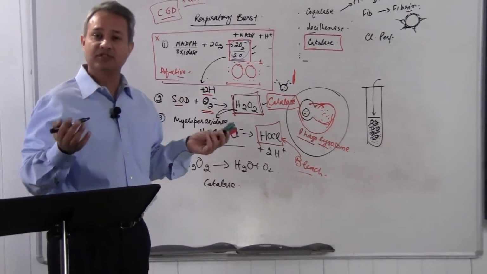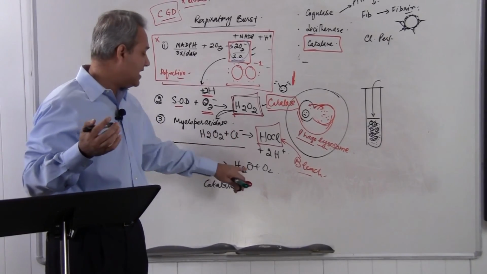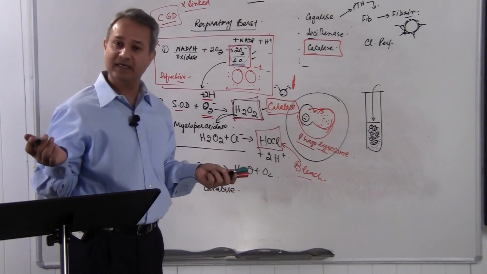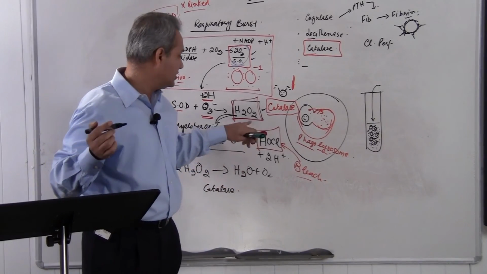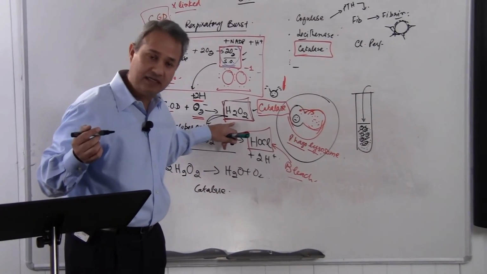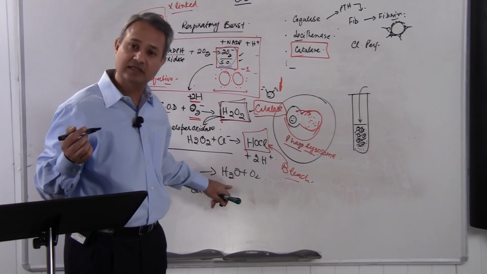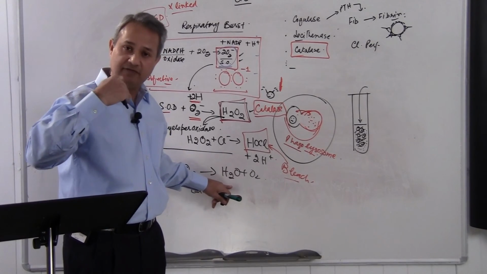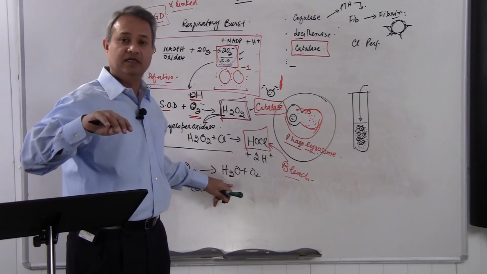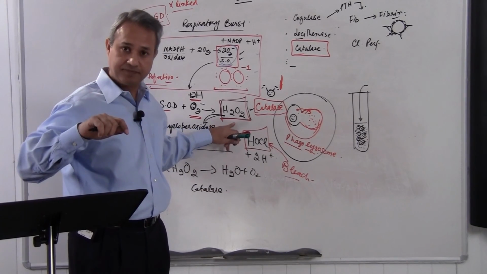So it decomposes them. Water and oxygen are harmless substances, so a very harmful substance has been converted to a couple of harmless substances. That is how even we will neutralize H2O2 if need be.